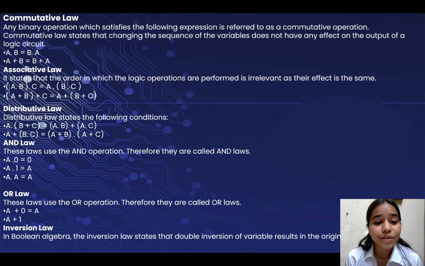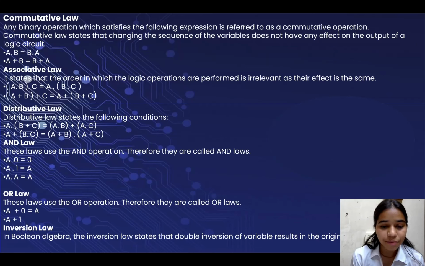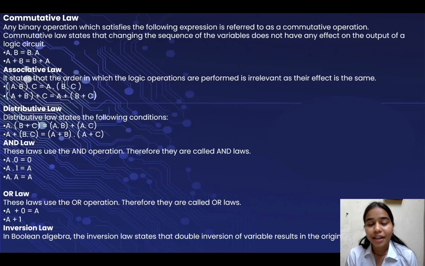AND law. This law uses the AND operation, therefore it is called AND law. OR law. The OR law uses the OR operation, therefore it is called OR law. Inverse law. In Boolean algebra, the inverse law states that the double inversion of a variable results in the original variable itself.